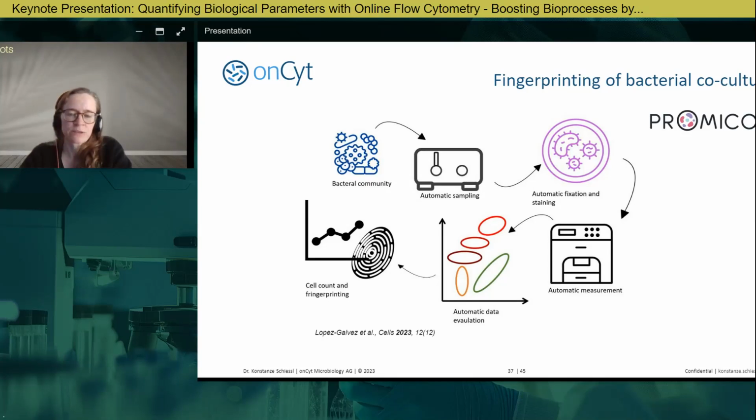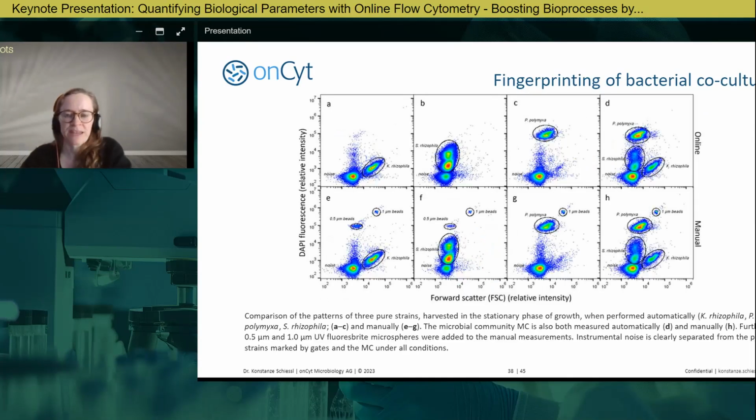So this was a more challenging protocol than the SYBR Green I mentioned before. It also has fixation steps, but we could do these automatically. And then it was measured in the flow cytometer. There was automatic gating, and cell counting and the fingerprinting of the populations. And I will show some plots here, but not go in all detail. Please read the paper if you're more interested.